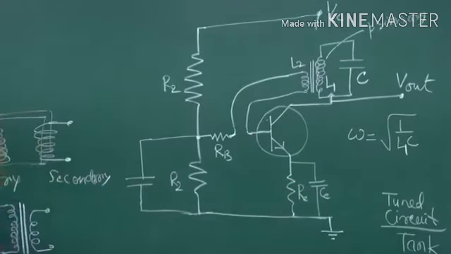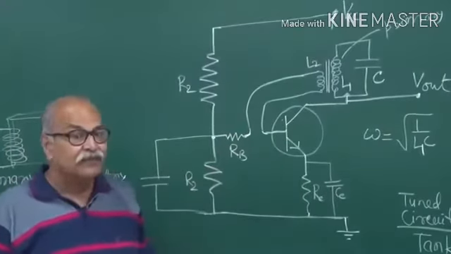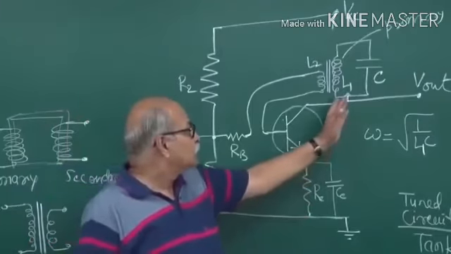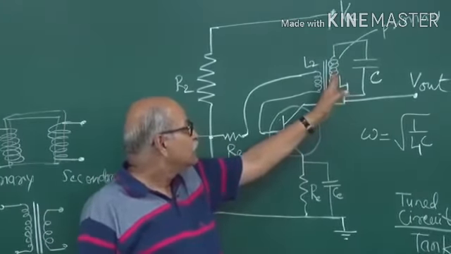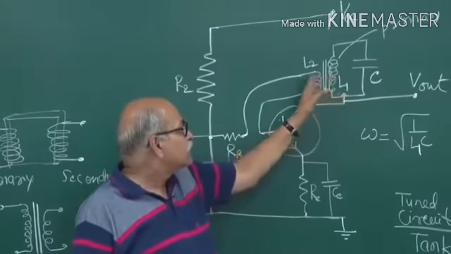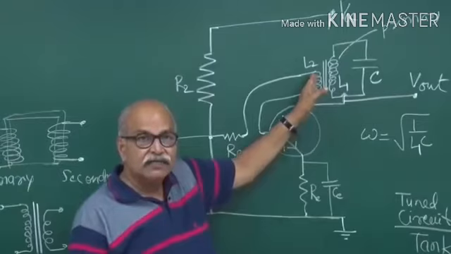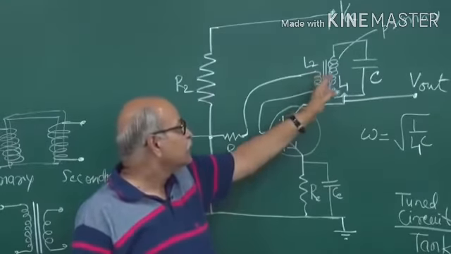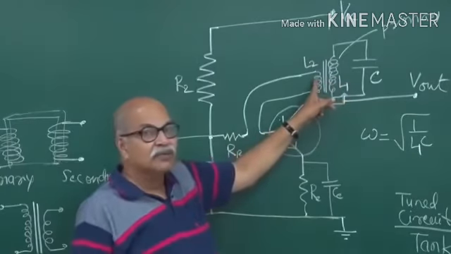And how do we ensure that the phases are correct? Okay. So whatever the oscillations are here, when this transformer primary-secondary coupling is made, the direction of winding ensures that there is a 180 degrees phase change between this part and this part.